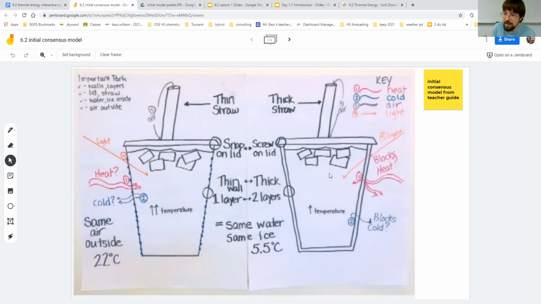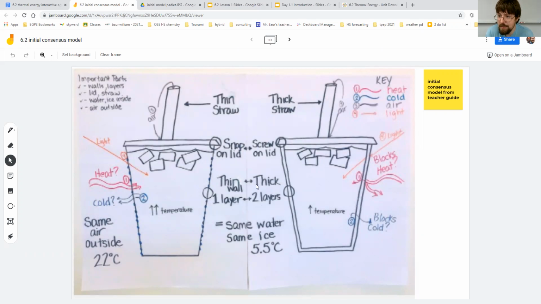This routine is trying to get these agreements and disagreements on paper, and to revisit and revise later. You're also starting to work on some conventions and labeling, so that when students compare their models, they're all using the same arrows and so on.